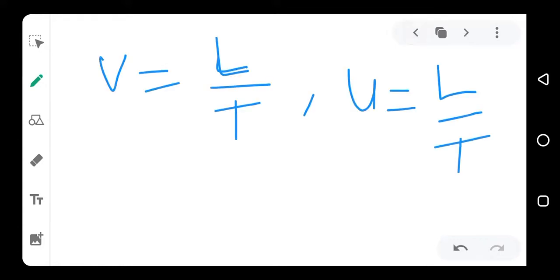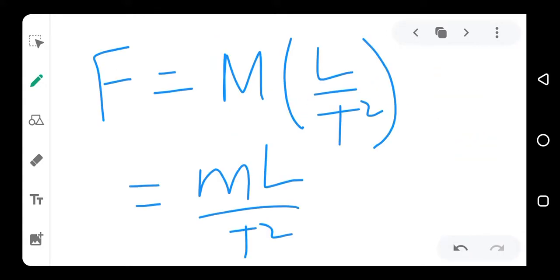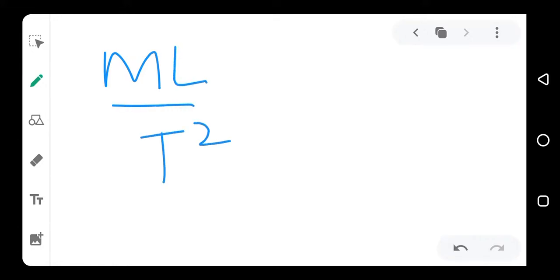We have Ft. Force is ML over t squared, then Ft, multiplied by t.